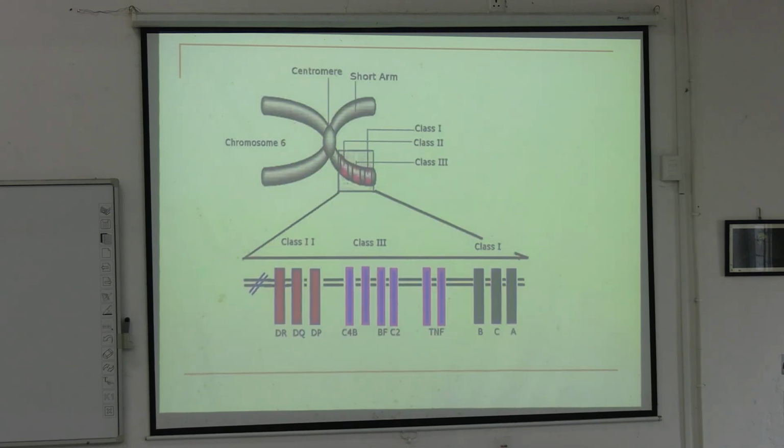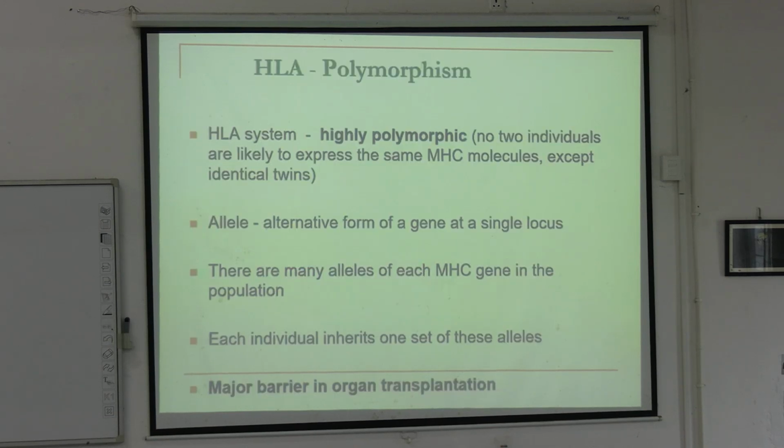So now as you can see, this is chromosome number 6. And in the short arm of chromosome number 6, you get these HLA molecules, okay. So now this HLA system is highly polymorphic. That is, no 2 individuals are likely to express the same MHC molecules except identical twins.